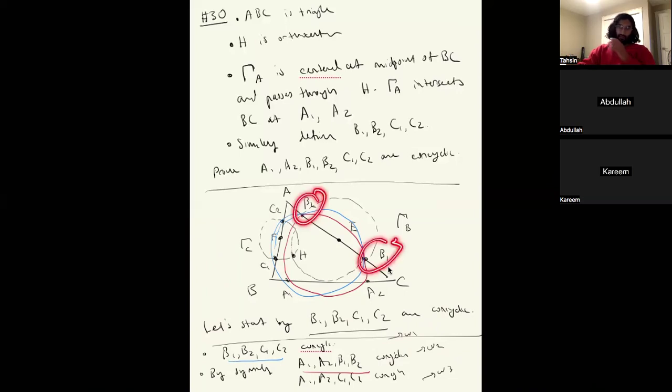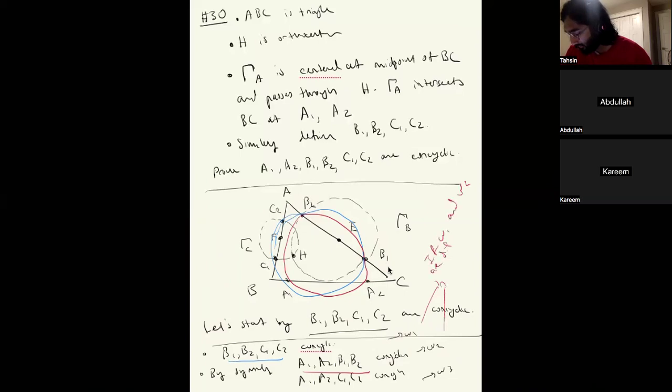So the radical axis would be B1, B2. If omega 1 and omega 2 are different, their radical axis is B1, B2, because B1 and B2 lie on both circles, right?